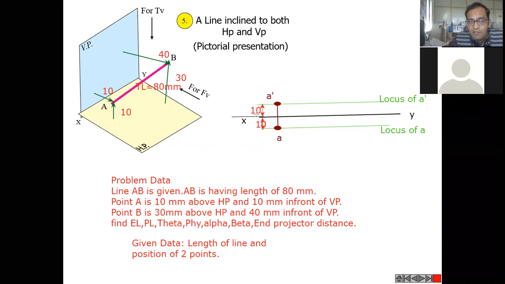So let us move ahead and take the 30 mm distance, because point B is 30 mm above HP. So we are going to take it over here at 30 mm. I'll be drafting another locus line, and that locus line is going to be represented as the locus of B dash.